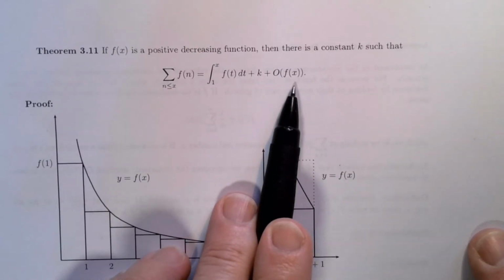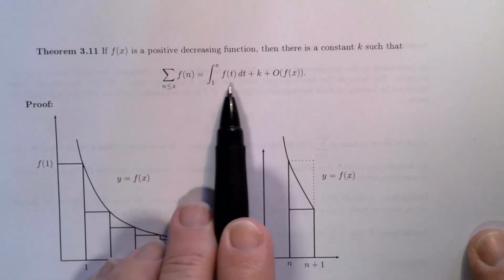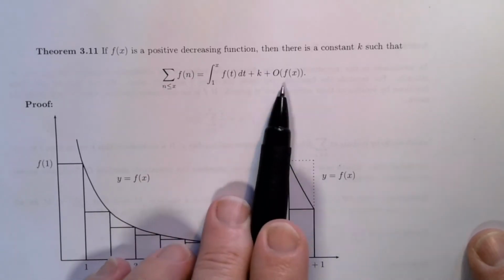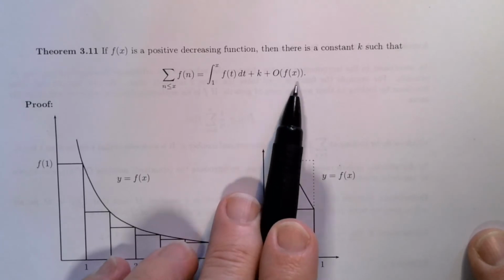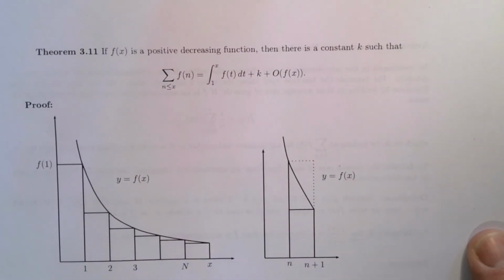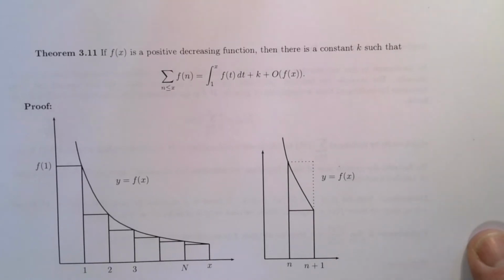So we can replace this sum with an integral plus a constant, and we can bury everything else under big O f of x. Now the proof is a little bit fiddly, but it works something like this.